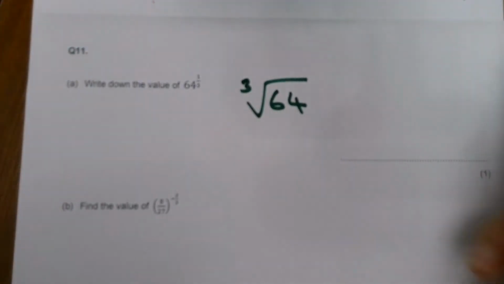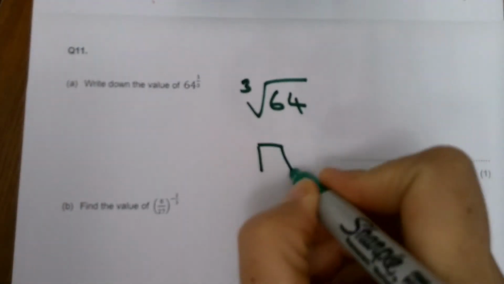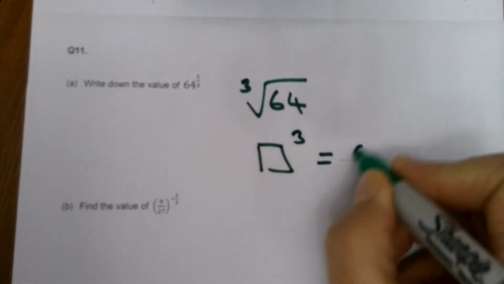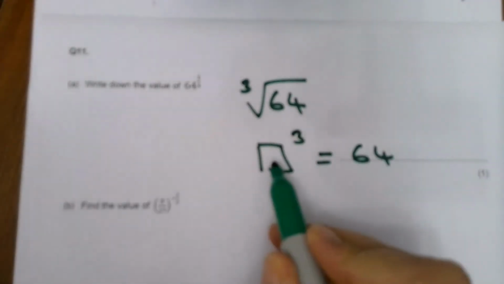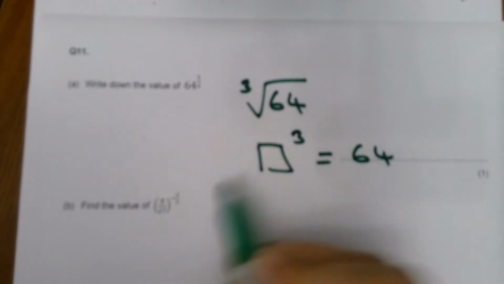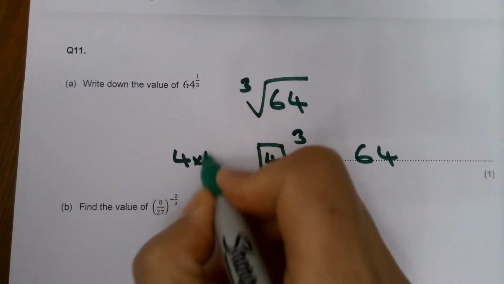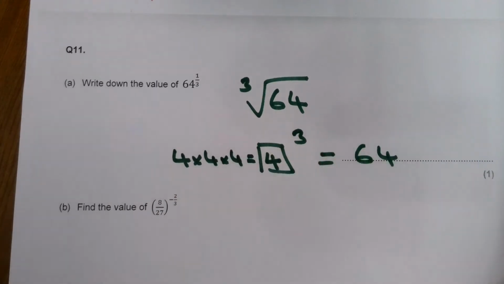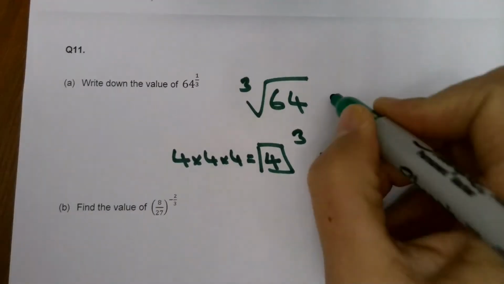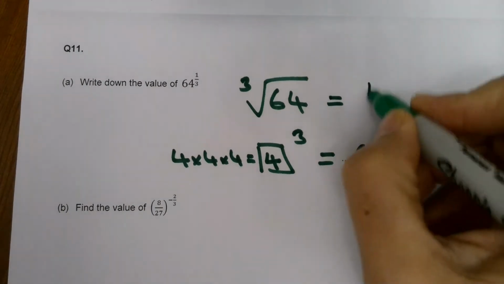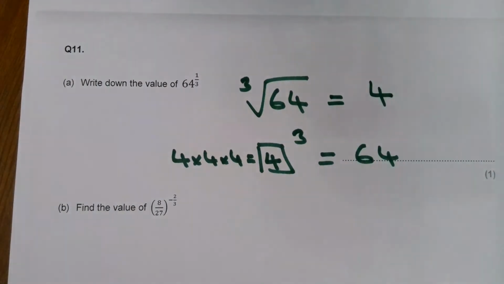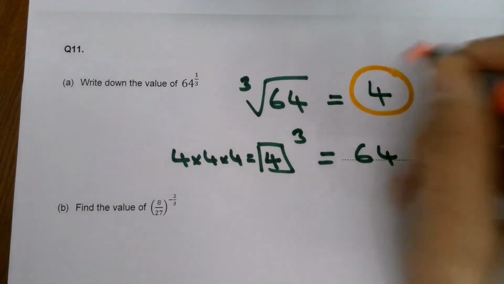So I'm asking myself, what number cubed gives me 64? This is the inverse function. Well, I know 4 times 4 times 4 is 64. Therefore, the cube root of 64 is 4, and that's my answer.